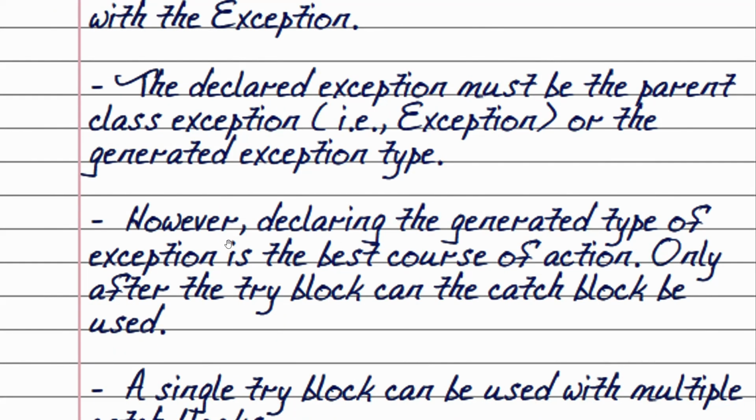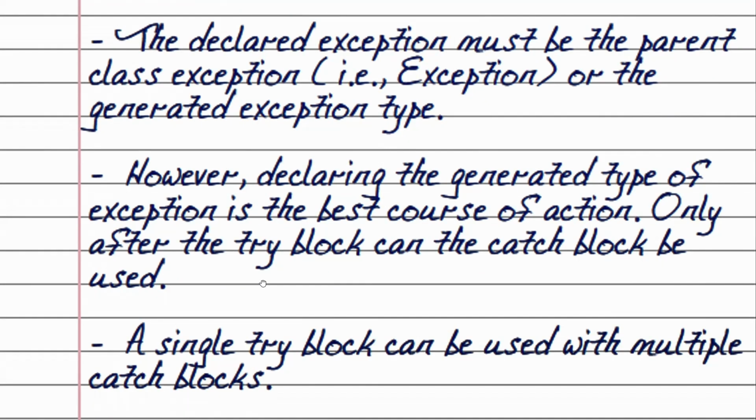However, declaring the generated type of exception is the best course of action. The catch block can be used only after the try block. Whatever exception we get in the console, it is best to declare it in the parameter, and we make the catch block after the try block.